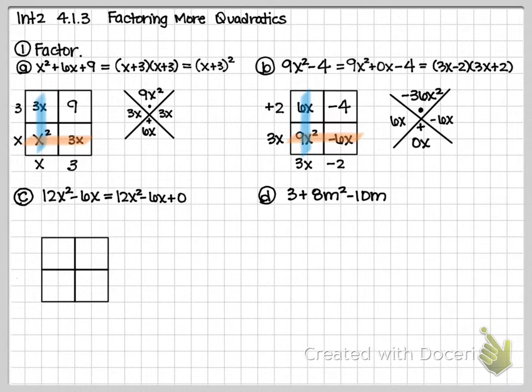Okay, so I'm going to have my 12x squared and then my 0 constant. That's going to give me a 0x squared, and I'm trying to get a negative 6x.